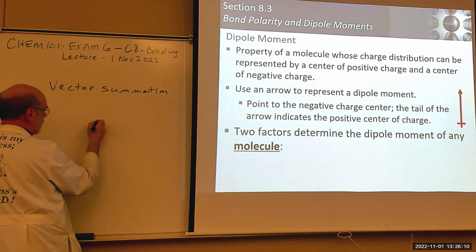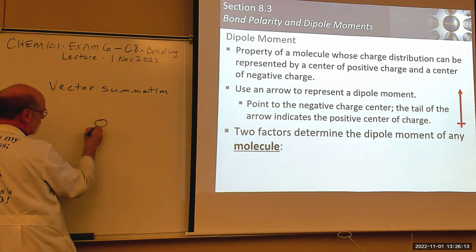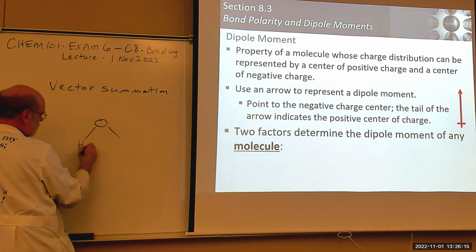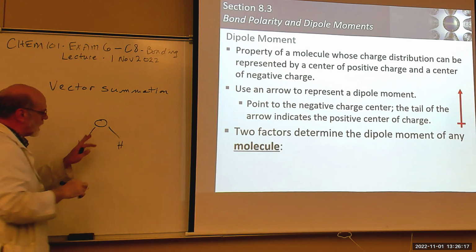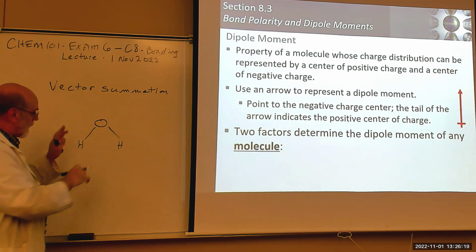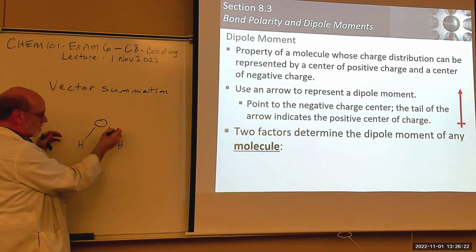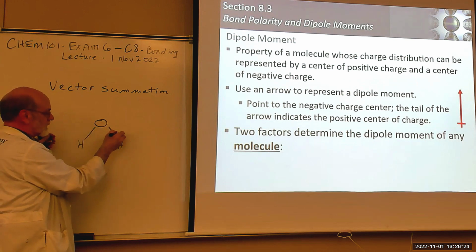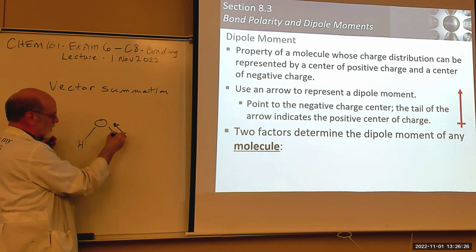The water molecule is a good example. We've got an oxygen here, and this is the geometry of the molecule. Oxygen has a higher electronegativity than hydrogen, so the bonds are going to be polar this way.